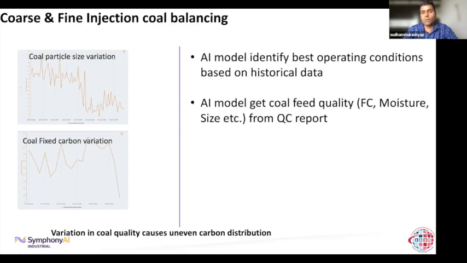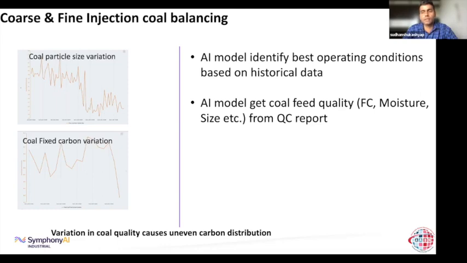coal. So the AI model identifies the best operating condition based on historical data. So it understands what the ideal distribution of coal particle should be and how much carbon is needed. One thing is you could calculate through stoichiometry and some thumb rule the plant had how much carbon is needed, but you could also look into the historical data to extract the good operating regimes to understand what works best.